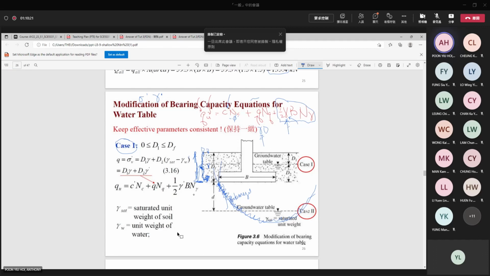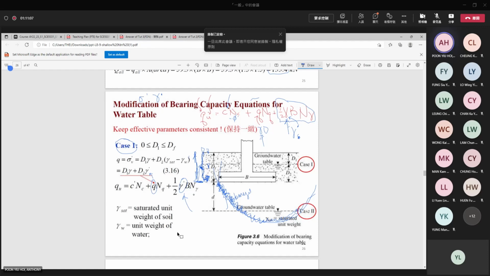So all of it is submerged. So in this case, we always use this, the one with the buoyancy subtracted. We always use this for this case. You have to understand what purpose each term serves, then it is easy to understand. So you see, case 1 is always submerged. This is for the slip surface.